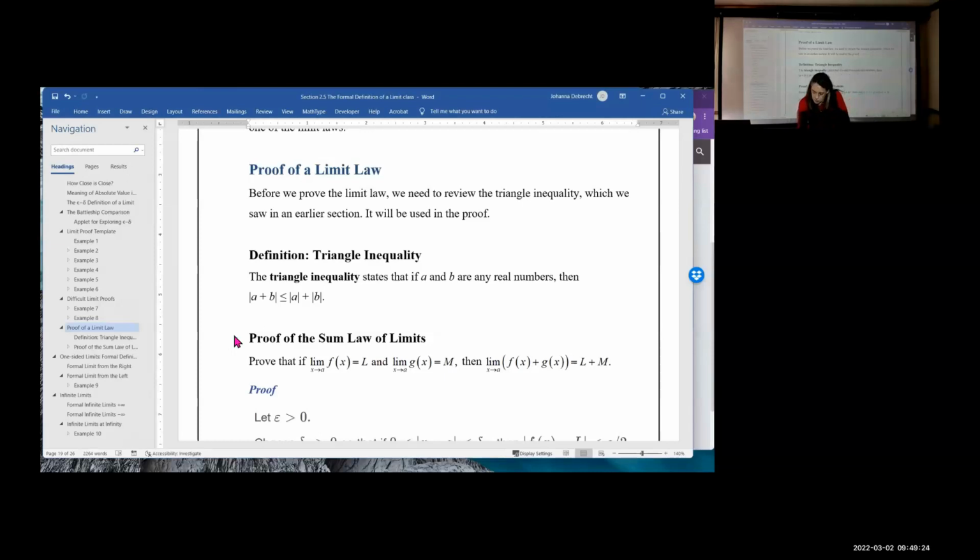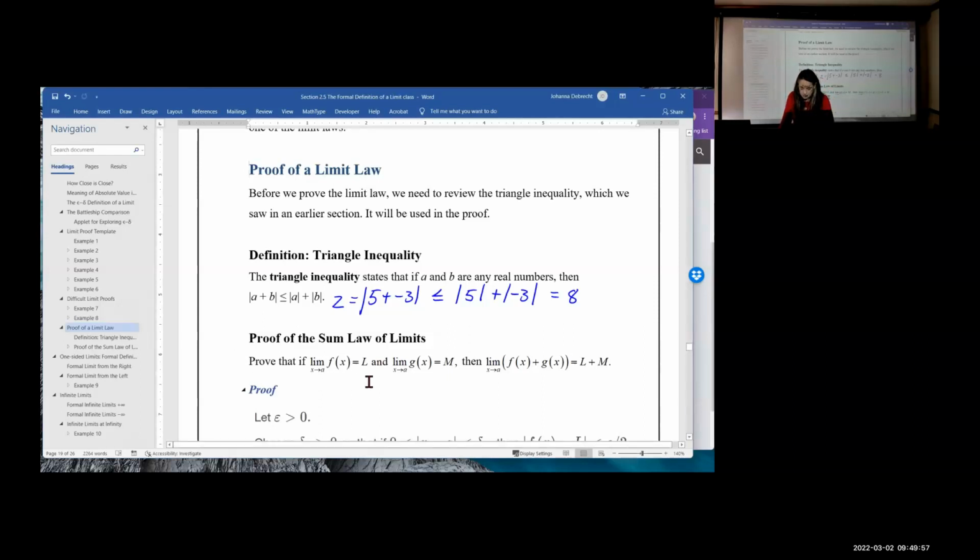So 5 plus a negative 3 has got to be less than or equal to the absolute value of 5 plus the absolute value of negative 3, which is 8, and this is 2, all right? This is called the triangle inequality. And it's a way of saying that basically two sides of a triangle have to be longer. If you add the two sides, it's got to be longer than the third side that connects them.